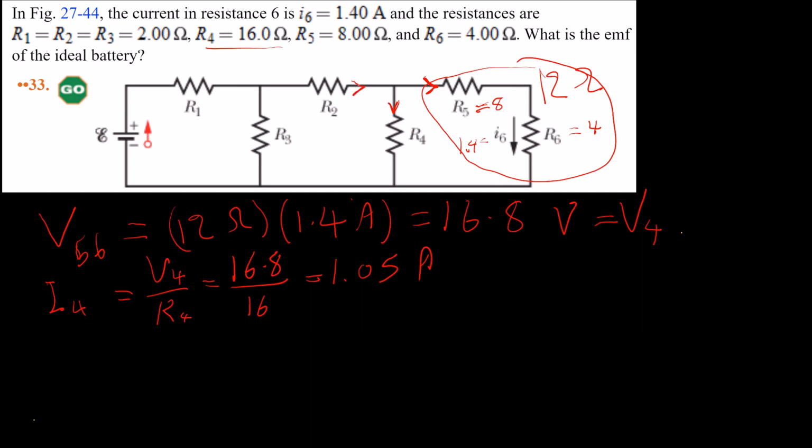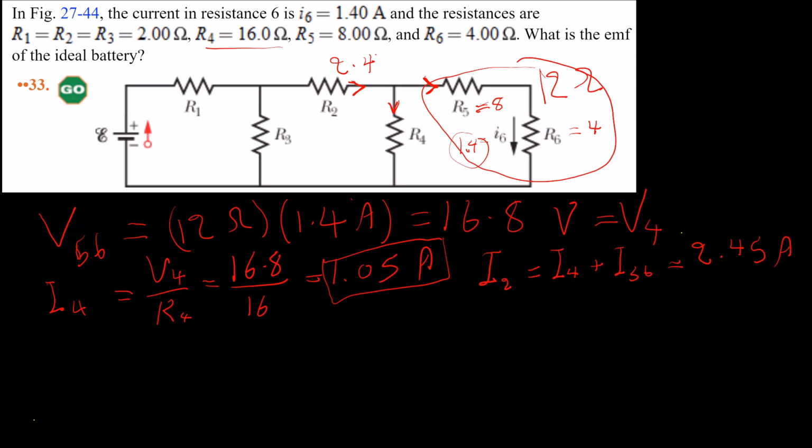Therefore, you can find the current through this one. I2 equals I4 plus I5,6, which is the same as I6. How much is that? 1.05 amp plus 1.4 amp becomes 2.45 amp.